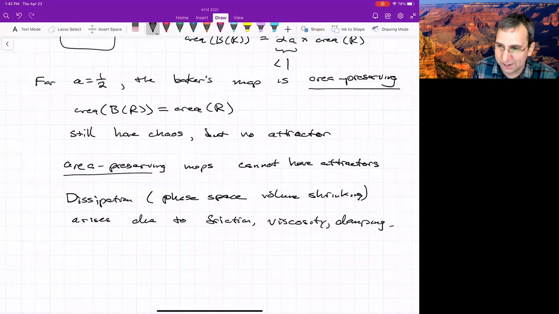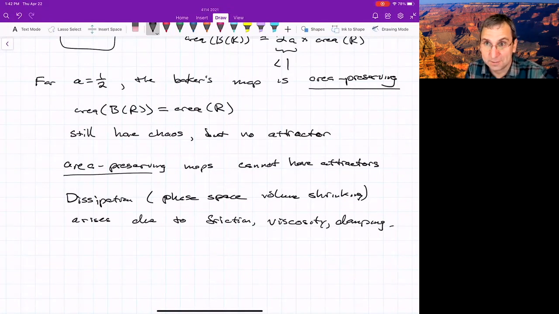Some classical areas that don't have dissipation, that are just conservative systems, are Hamiltonian systems that I've hinted at before, and classical orbital mechanics. But there are other phenomena that arise in area preserving maps, and there just isn't time to go into it.